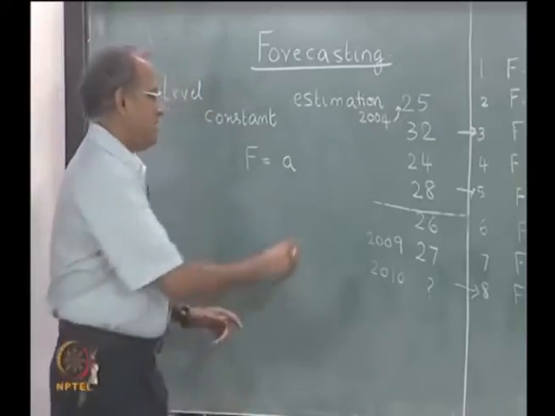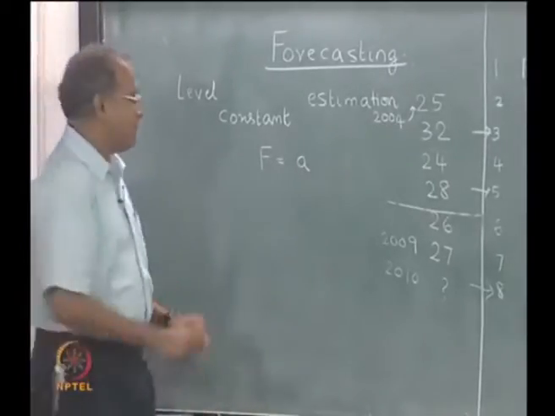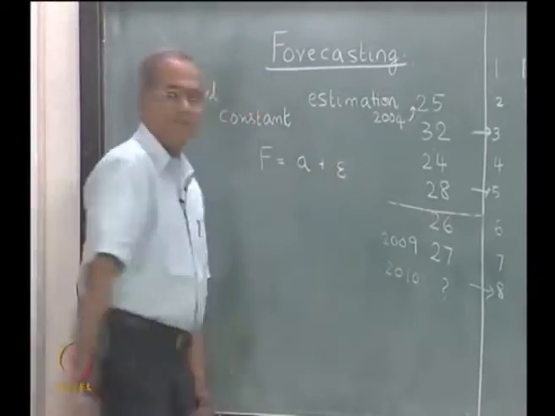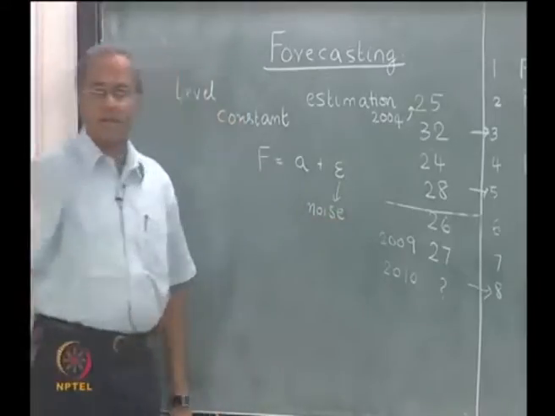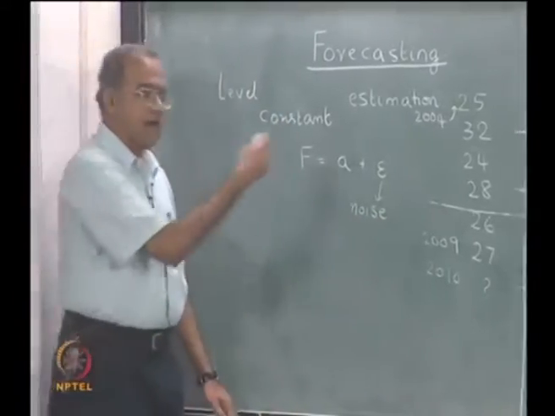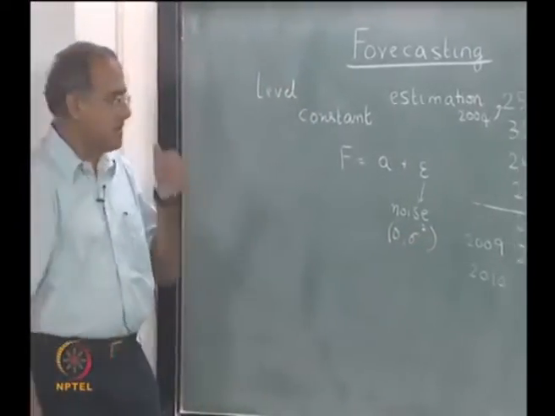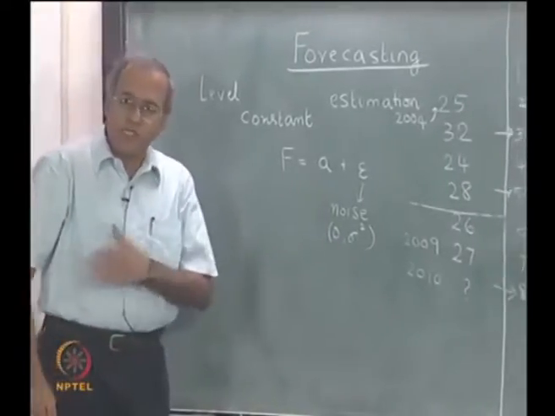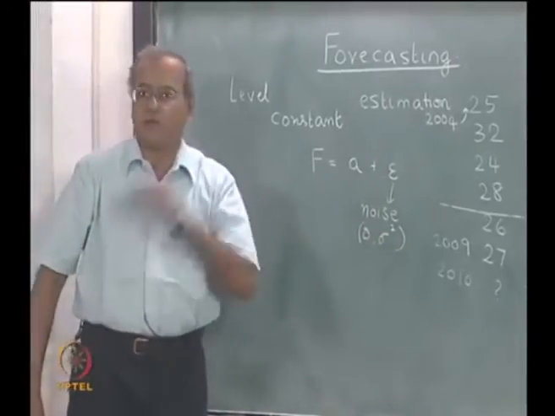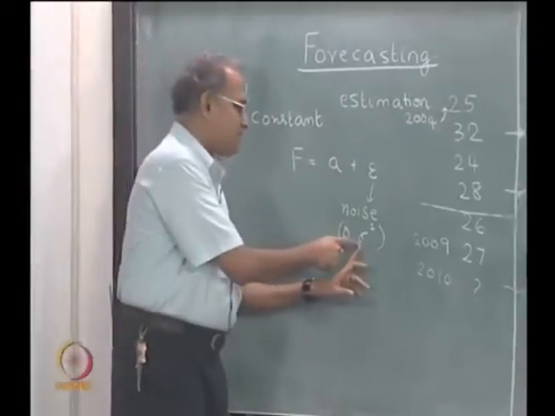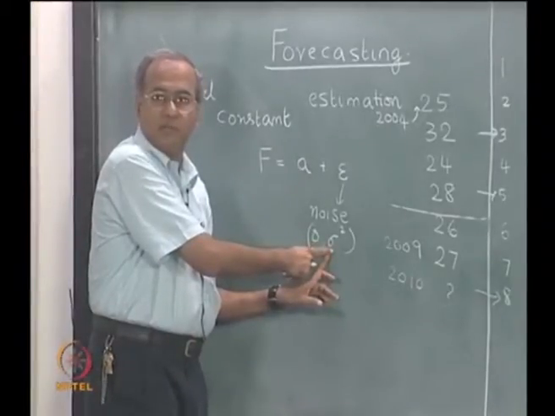The reason behind is there is a certain inherent variation or inherent variability in the system, which we call as some epsilon, and this epsilon is the noise or inherent variation or variability in the system, and this noise is expected to have parameters 0, sigma square, which means this noise has a mean of 0, which also means that these inherent variation or statistical fluctuations will cancel out as time passes, and these variations are small because their variance sigma square is also assumed to be a very small number.